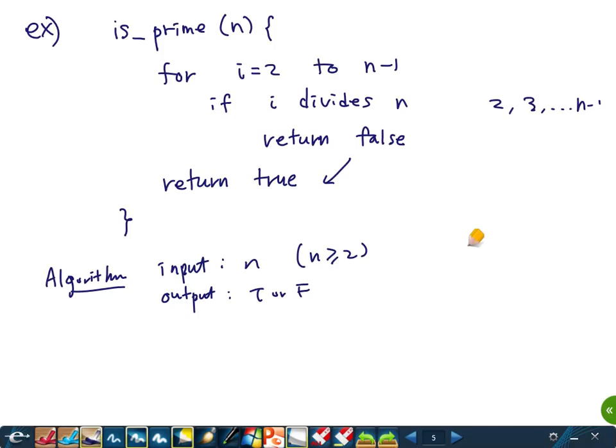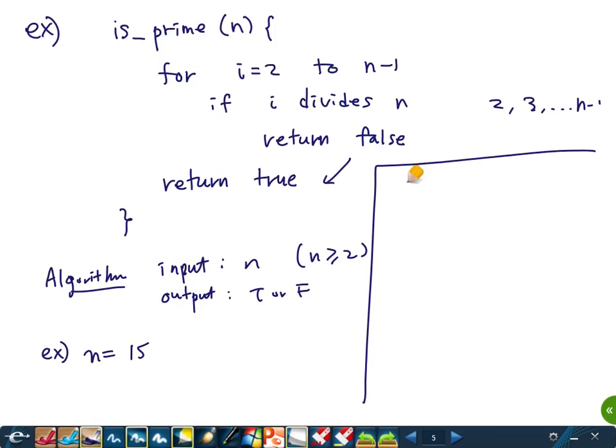So for instance, let's see an example. Like n equals, what's a good number? 15, say. Okay, let's do this over here. Is prime, 15.